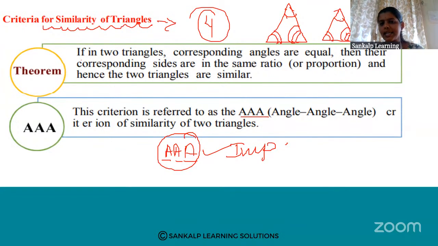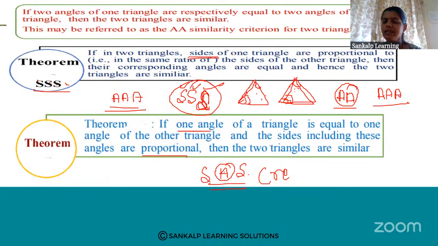If in two triangles corresponding angles are equal, then the corresponding sides are in the same ratio, hence the two triangles are similar. This criteria we call AAA criteria, that is angle criteria, right? And another criteria, that is SSS criteria.